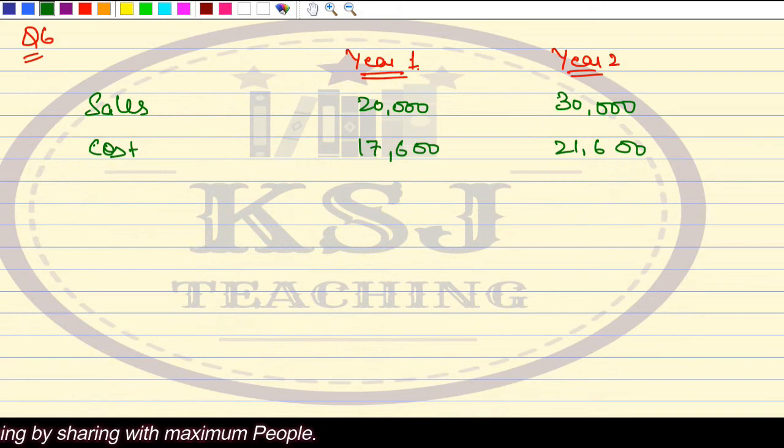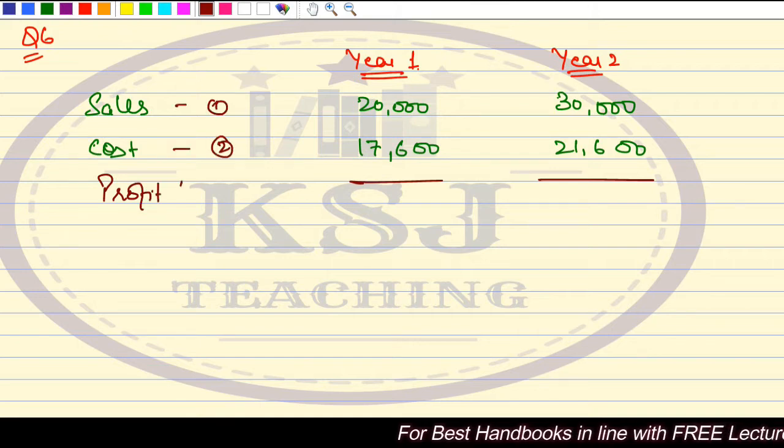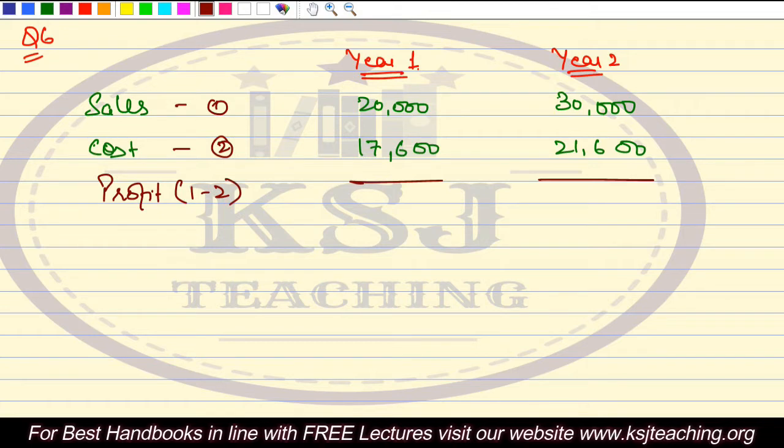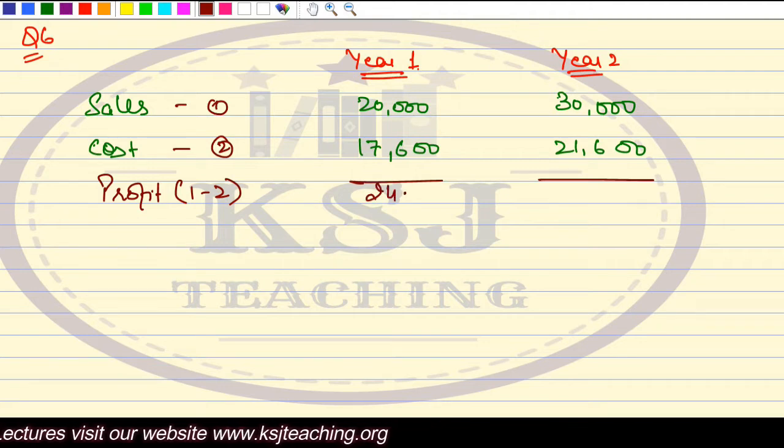Sir, you can calculate profit from here. If we say it 1 and 2, so sales minus cost will give you profit, isn't it? So 20,000 minus 17,600 will be 2,400, which is your profit in this case.